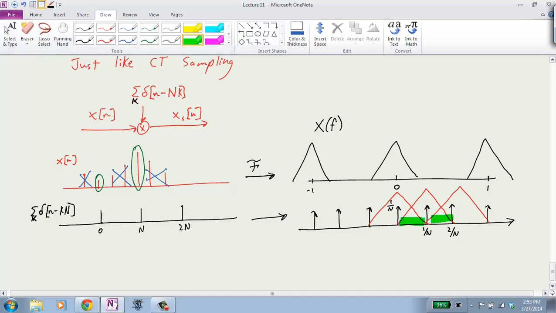At that downsample rate, I've corrupted all of my frequency content. However, if this downsample rate was high enough, these would be spread out enough that they don't overlap. And if they don't overlap, we can do the same thing to recover. To go back to the upsample, we can then do a low-pass filter, a discrete time low-pass filter, to get back to the high frequency stuff.